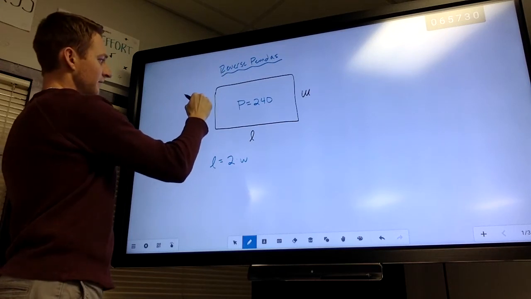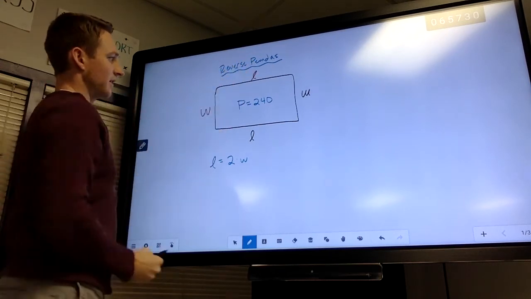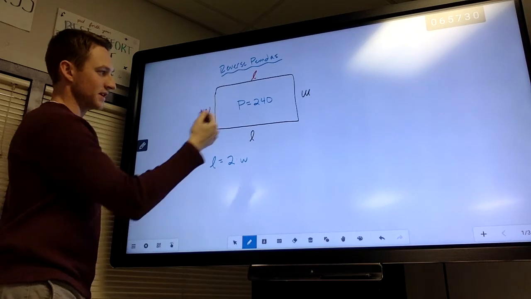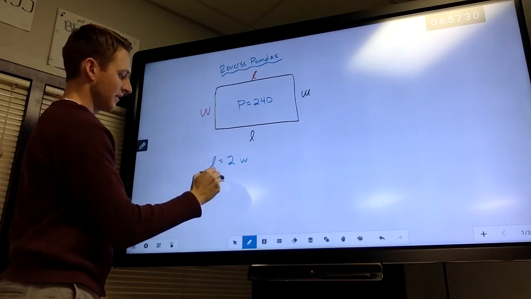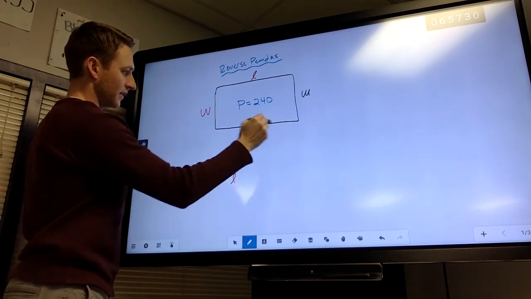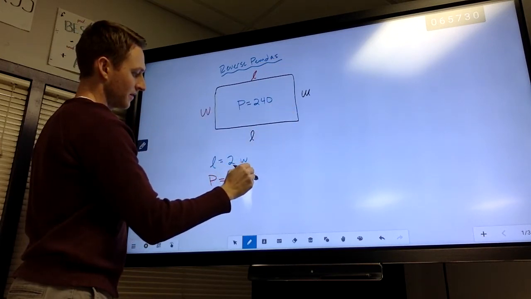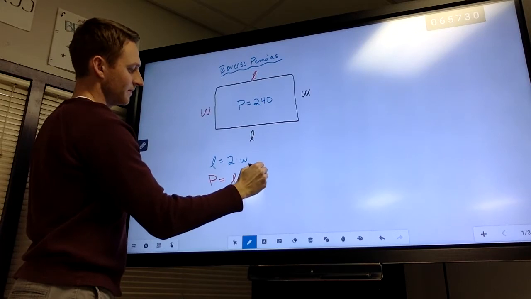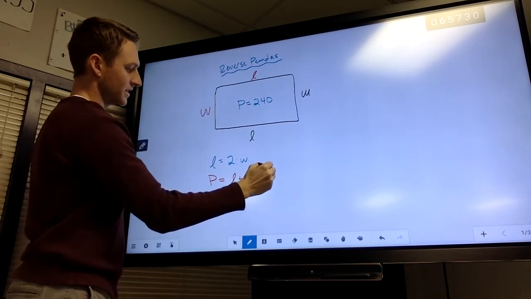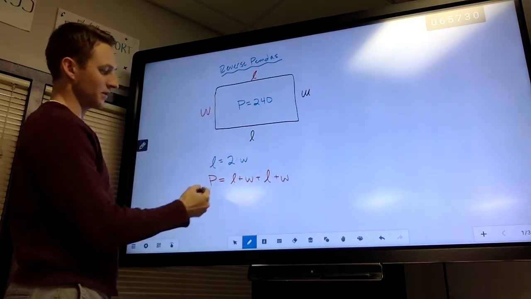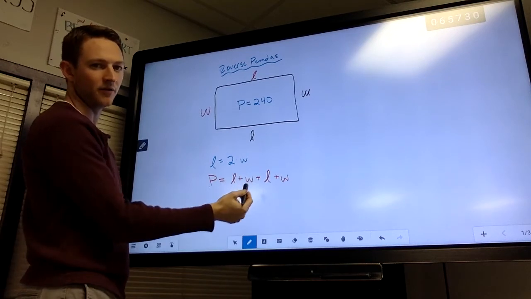Okay, so if we have length equals 2 widths, we know that perimeter has to add up every single thing. So we have width over here and length over here. So we can say that our perimeter is length right here plus width plus the length on top plus the width on the side. Okay, so we're basically just saying we're adding up all four sides.